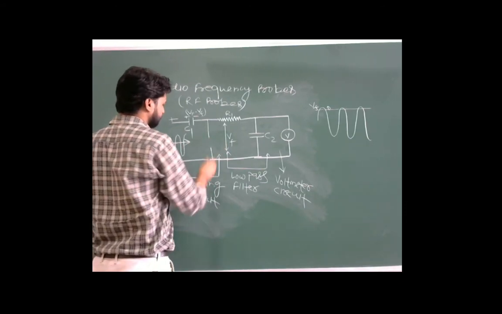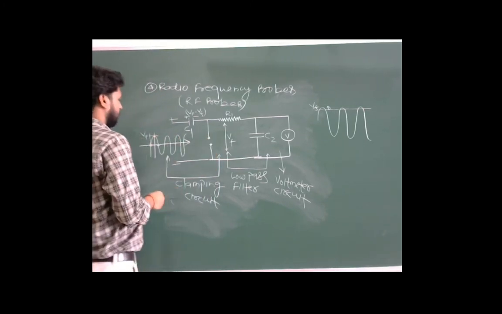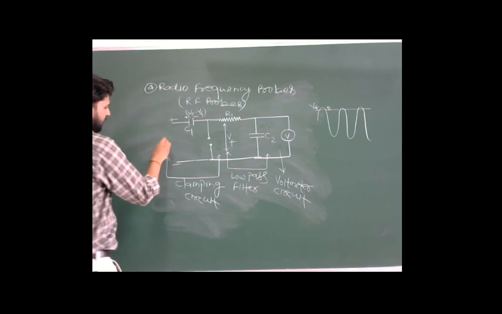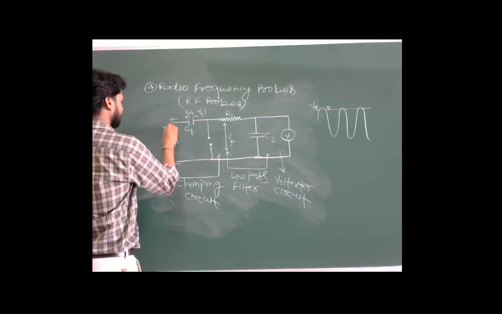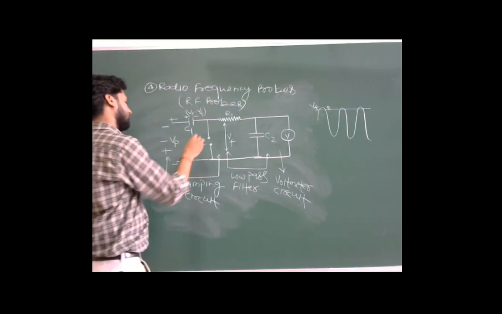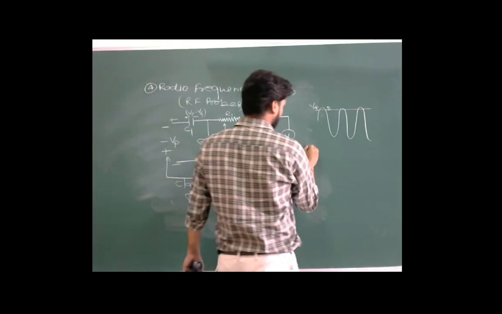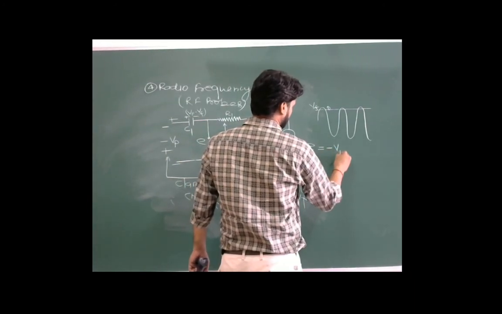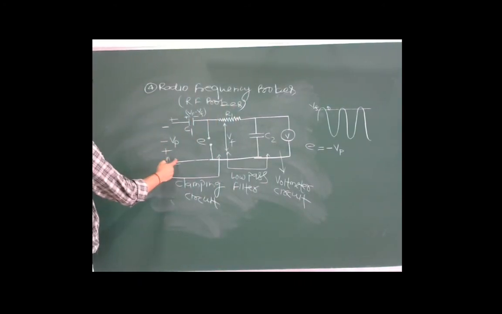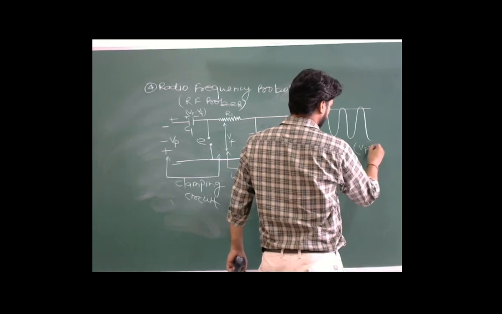reverse biased, meaning this terminal will be open circuited, and when this peak is negative, when minus Vp is applied here, at the negative peak, when this is negative and this is positive, suppose the voltage here is E. Then we can write the equation for E as E is equal to minus Vp, which is negative here, positive here, minus Vp minus Vf.